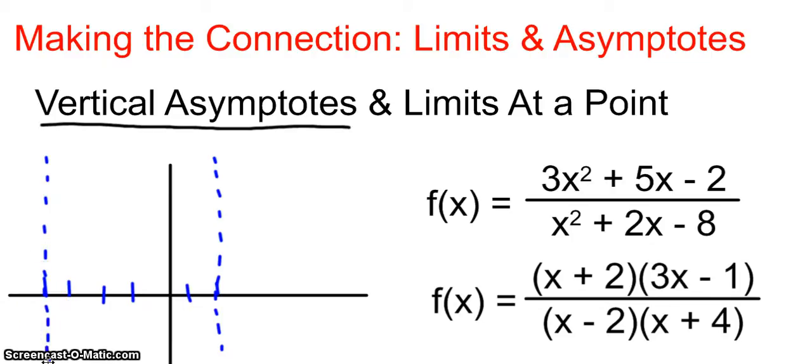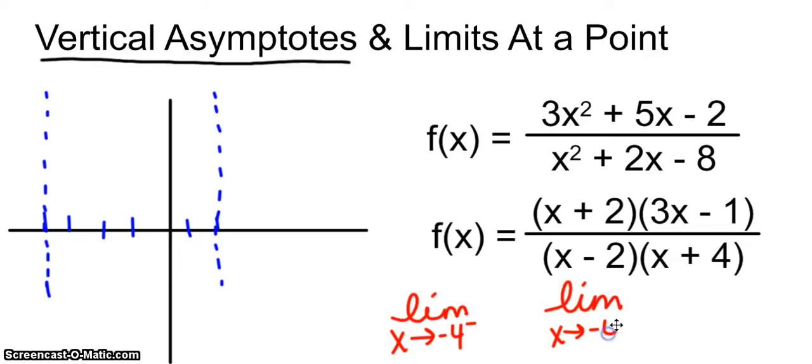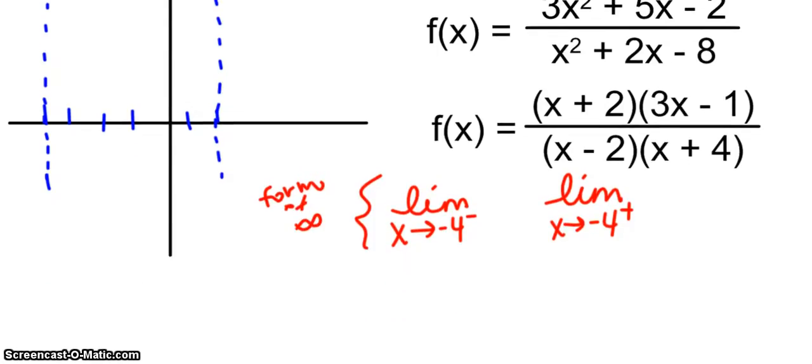So that means if I were to find the limit as x approaches negative 4 from the left, and the limit as x approaches negative 4 from the right, these are going to be some form of infinity, either positive or negative.